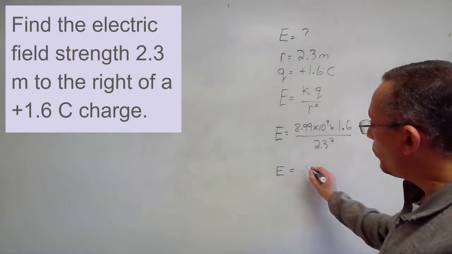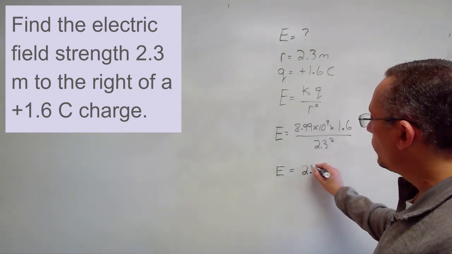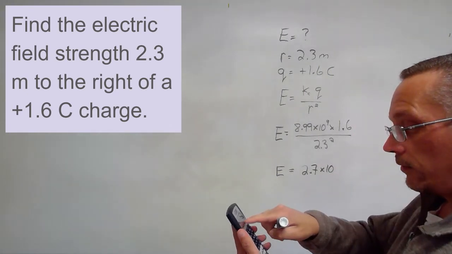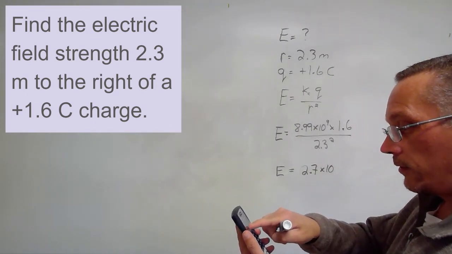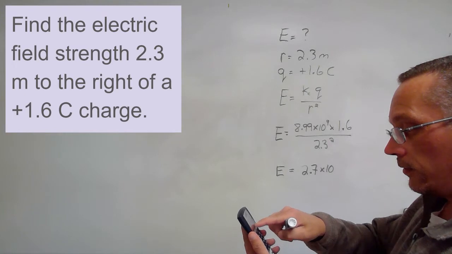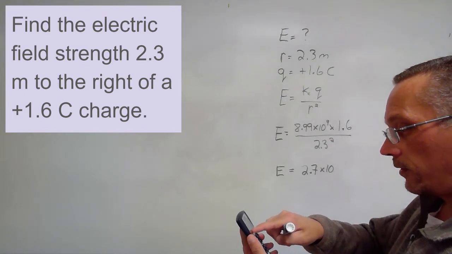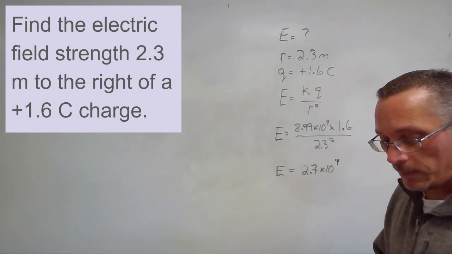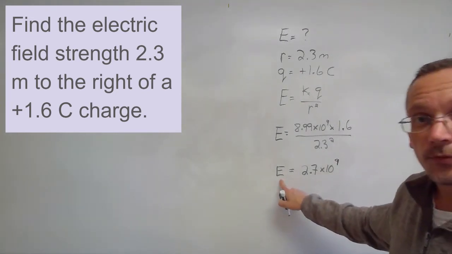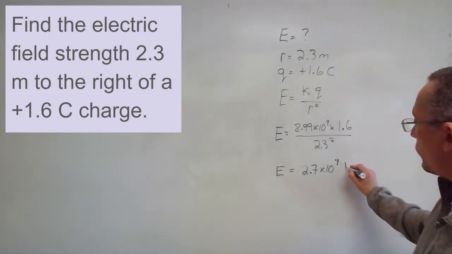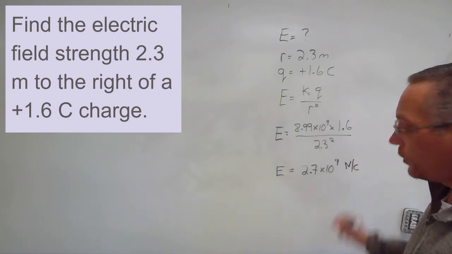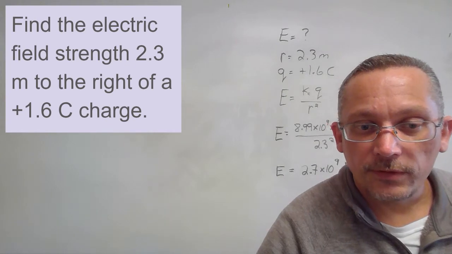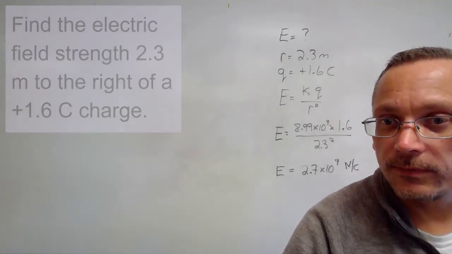I'm going to make that 2.7 times 10 to the 9th power. And the unit for the electric field strength, like we just talked about, is newtons per coulomb. So there is a pretty simple example of using this equation to solve some problems.